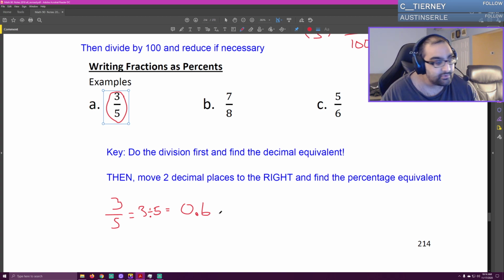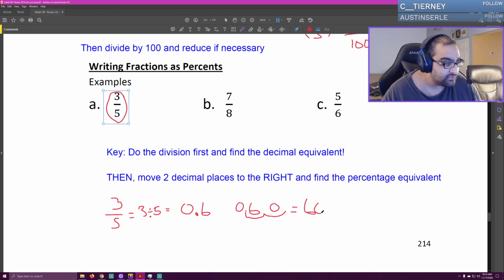Now, since this is equal to 0.6, all we need to do is take 0.6 and move that decimal place over to the right 2 places. We go 1 and 2. So what we get here is 60% as a result.